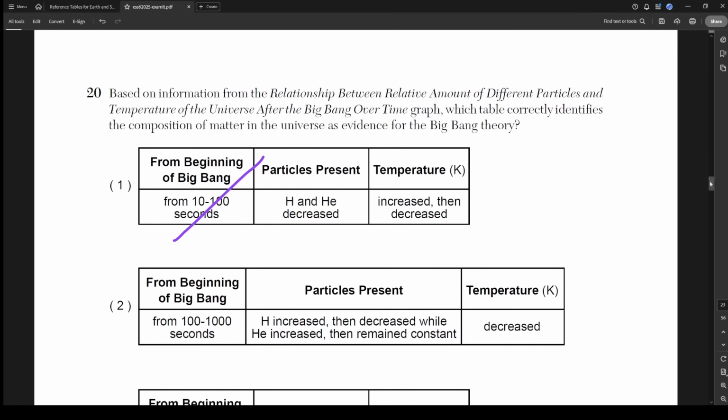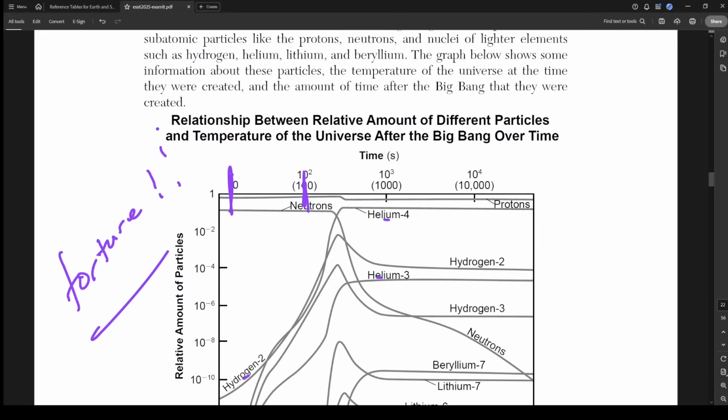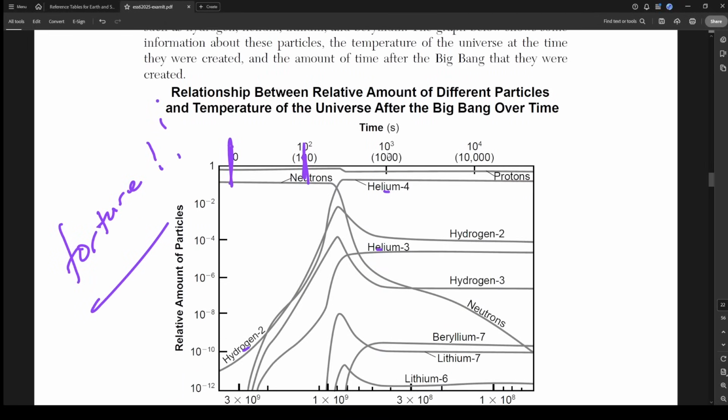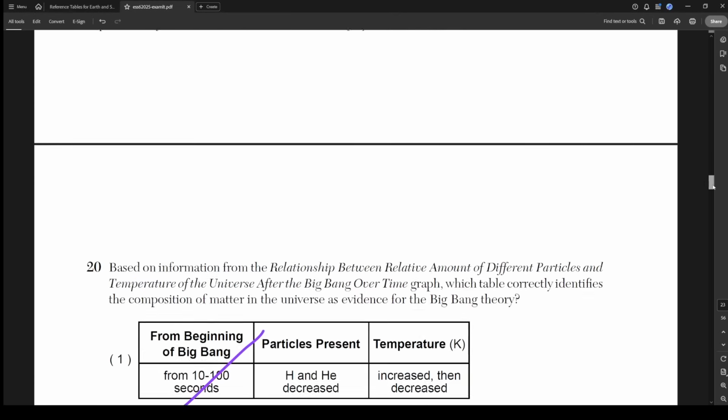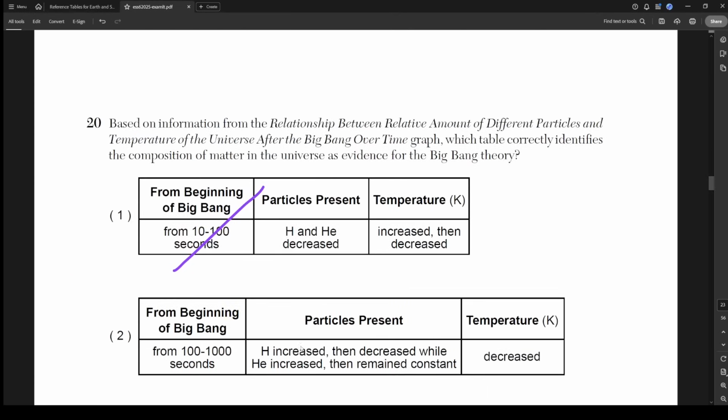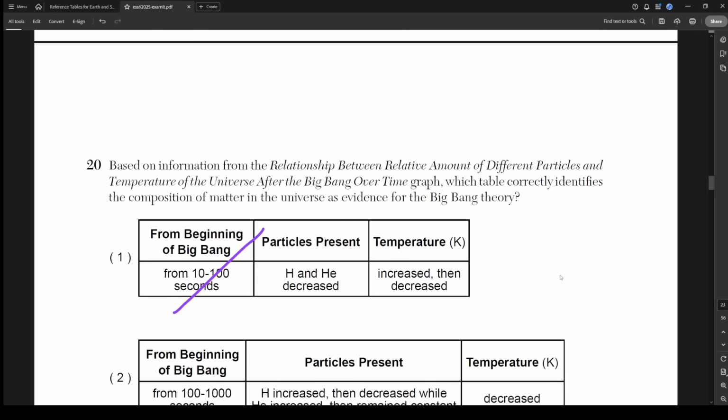From 100 to 1,000. This section, from here to here. Let's get rid of this line so you don't have to worry about it. Did H increase? H increased, then decreased, while HE increased and then remained constant.